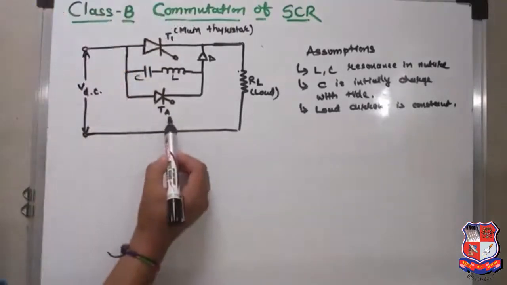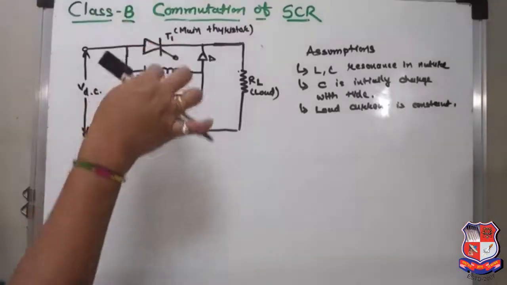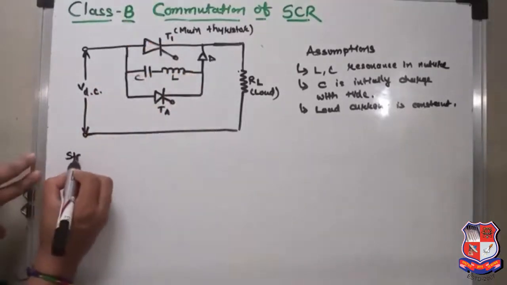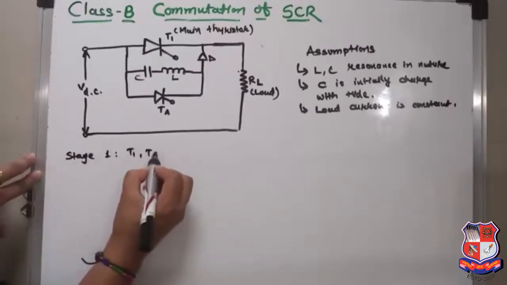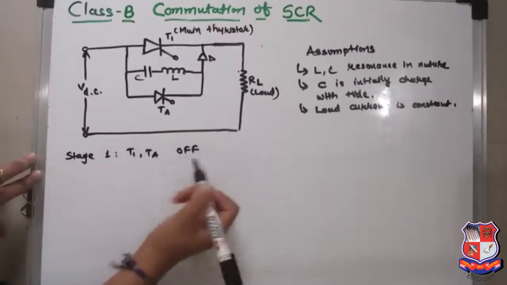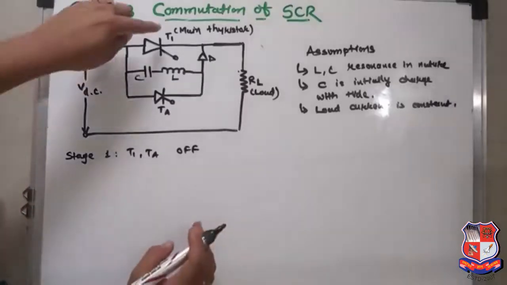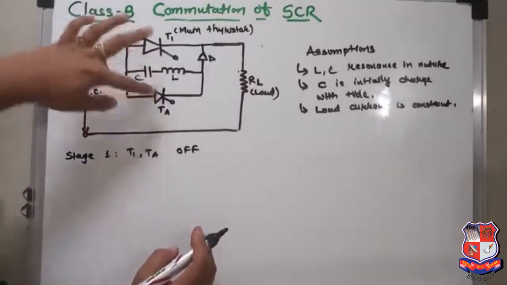TA is labeled as the auxiliary thyristor. Initially, in stage number 1, T1 and TA both are off.